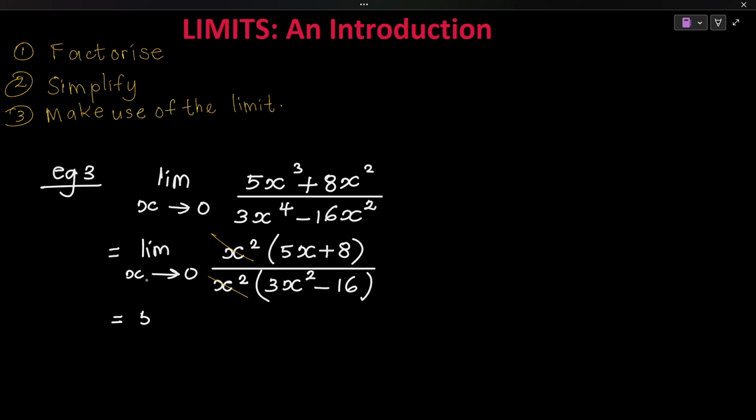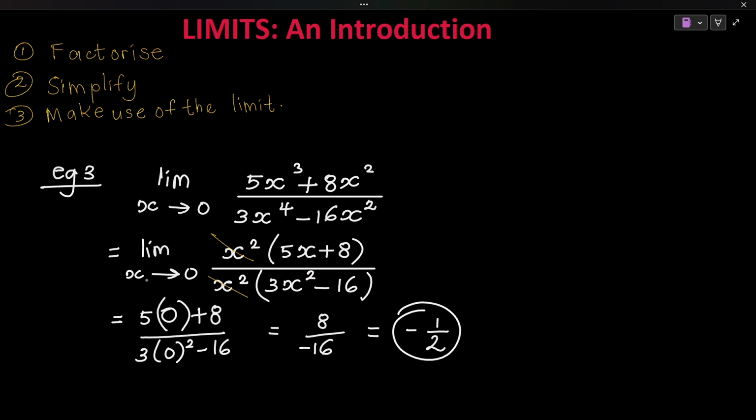So we're going to have 5 into 0 plus 8 all over 3 into 0 squared minus 16. Simplifying the numerator, 5 times 0 is 0, 0 plus 8 is 8. In the denominator, we've got 0 squared, which is 0. 3 times 0 is 0. 0 minus 16 is negative 16. This can be simplified, and we are going to get negative 1 over 2 as our answer.